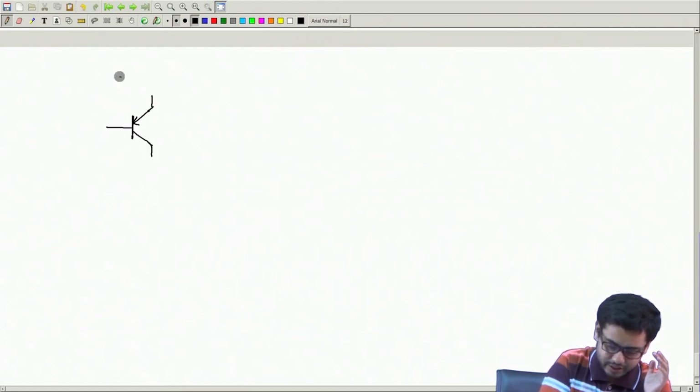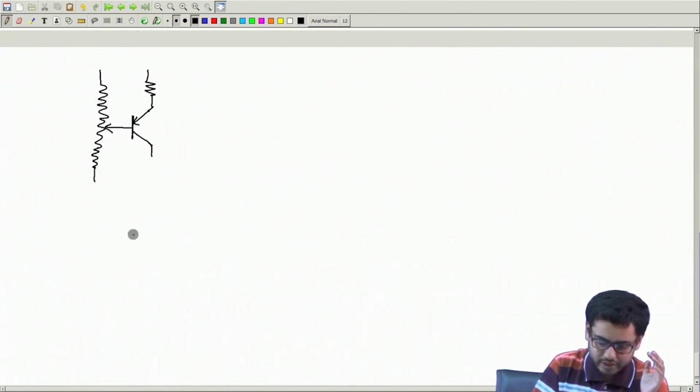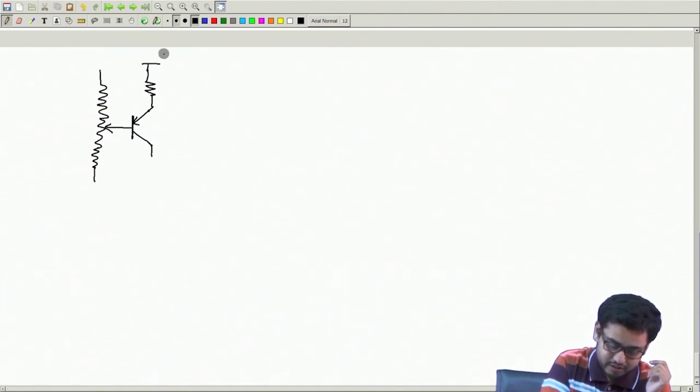And then what I will do, I will take a potential divider. So if say this voltage is 15 volt, and I want a, say, 5.7 volt drop maybe, so this voltage will be 9.3 volt.